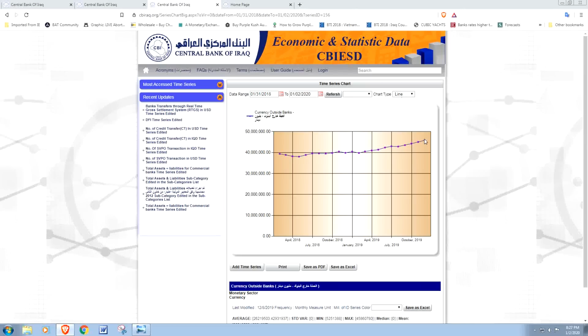Well, again, my theory is that most of the dinar is actually being held in banks or other financial institutions. For one reason or another, I haven't figured it out, but I will figure it out. They're being held in these institutions for whatever reason, and the amount of dinar that's actually in the open market is lower than people think.